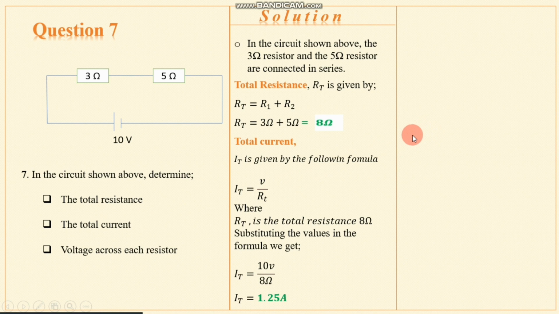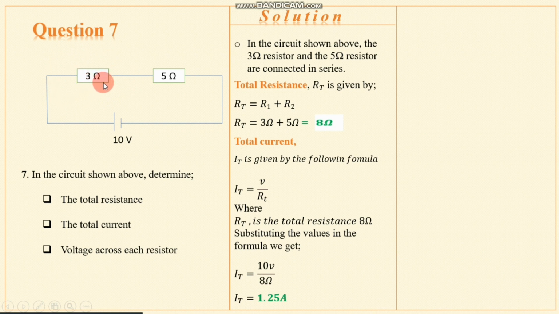Now let us look at the third part of the question, voltage across each resistor. As we have said, the voltage is shared. The 10 volts we are given is shared, but it is shared in proportions denoted by the different resistors we have.